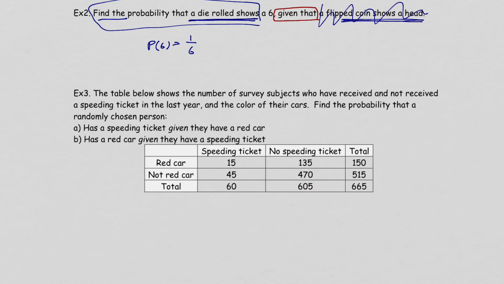So using this, they wanted to know: find the probability that a randomly chosen person has a speeding ticket given they have a red car. So they wanted to find, out of the red cars, the ones who have a speeding ticket, right? So that's going to be 15 right here.